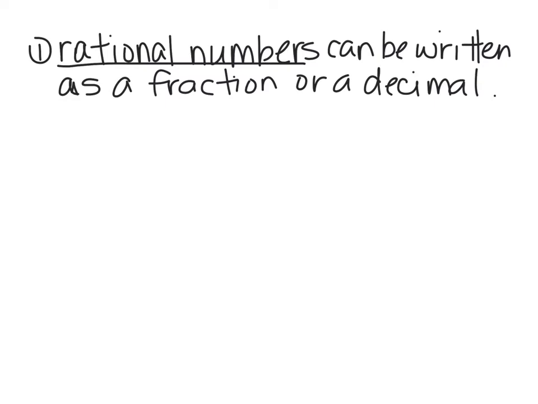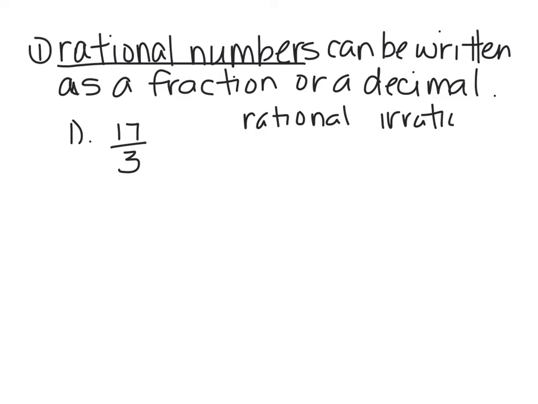The very first one says the volume of a cylinder is 17 over 3, 17 divided by 3 cubed centimeters. Is that a rational number or irrational? Is it written as a fraction? Yes, so this is a rational number.